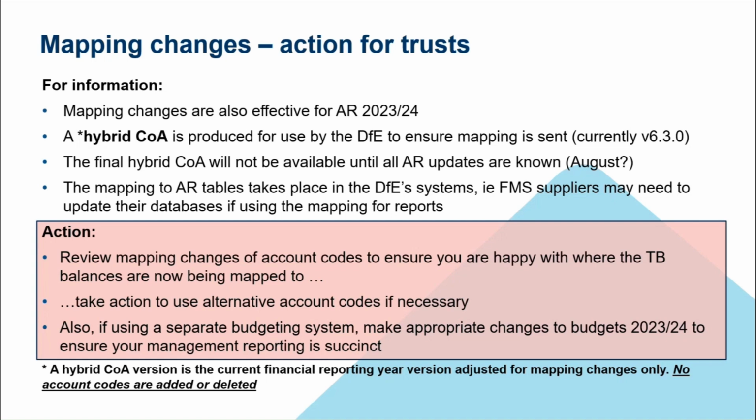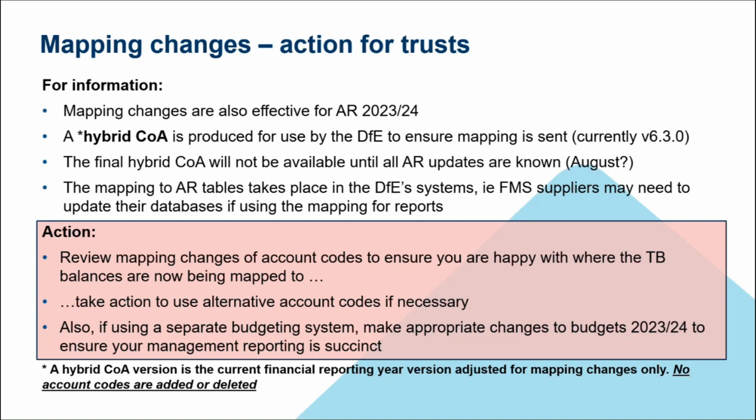But just to again be aware, for doing your accounts return, for doing your BFR, use the most up-to-date 23/24 version that's on the webpage. Always check that rather than using one that you might have saved on your desktop. As Zeno mentioned earlier, if you automate your accounts return, the mapping takes place on the DFE side.